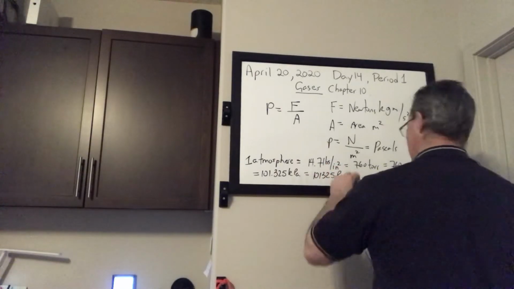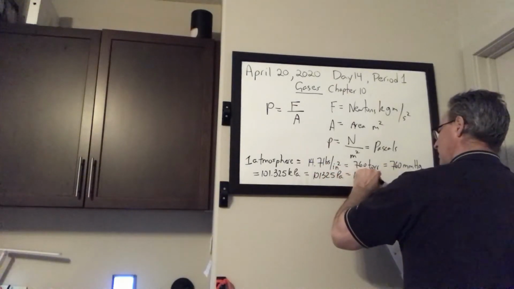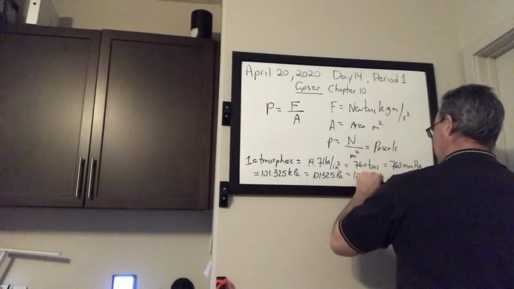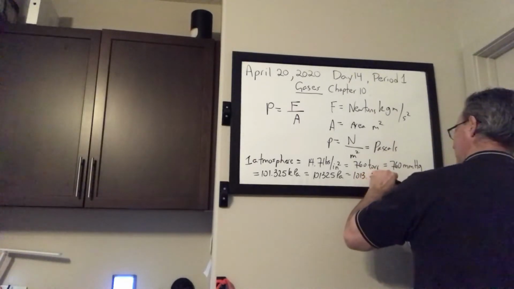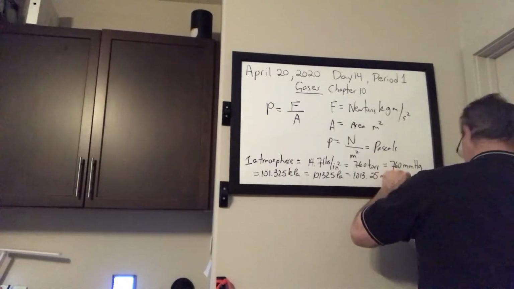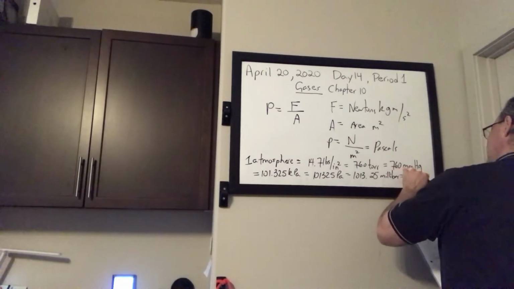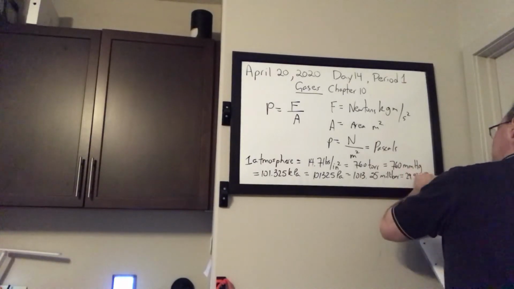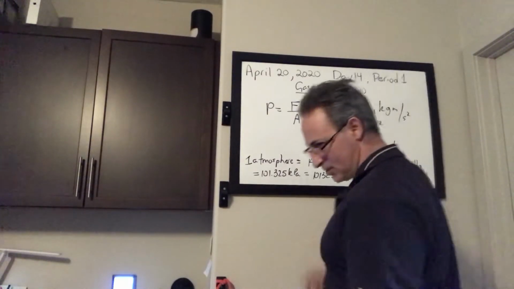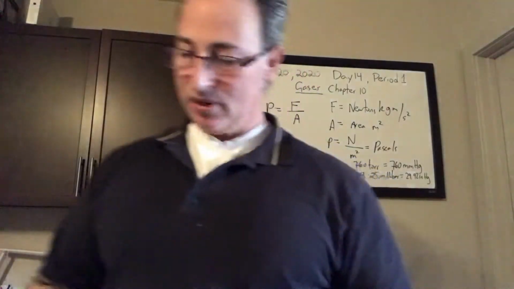It also equals 1,013.25 millibar. I haven't heard that one used in a while. And it's about 29.92 inches of mercury. You'll see in some old-fashioned barometers, they talk about inches of mercury.